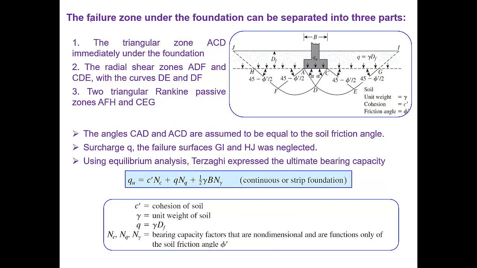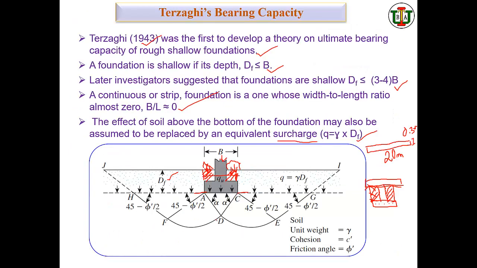Now you can see the failure zone under foundations can be separated into three parts. These are the failure surfaces as I discussed in the last class. This is one failure line. Another line is this one, it stops here.